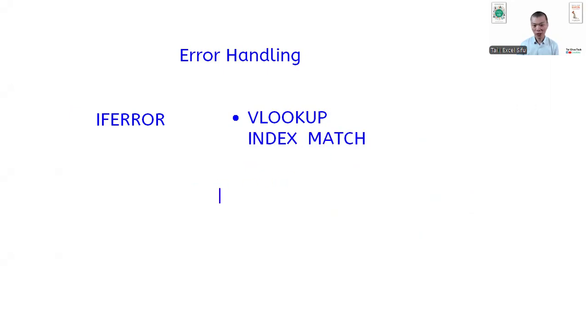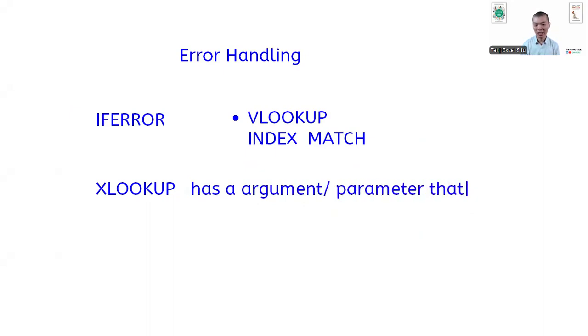Meanwhile, for the XLOOKUP, it has an argument or parameter that handles error. Yeah, so this is a slight difference between them.